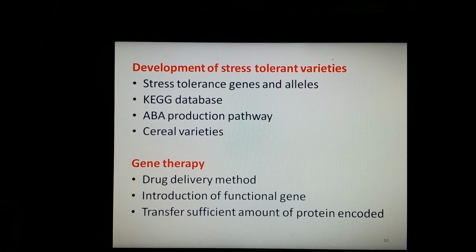The KEGG database can be important to identify the pathways for carbohydrate production and ABA production, and after the pathways are identified, the genes in the same pathway are studied.